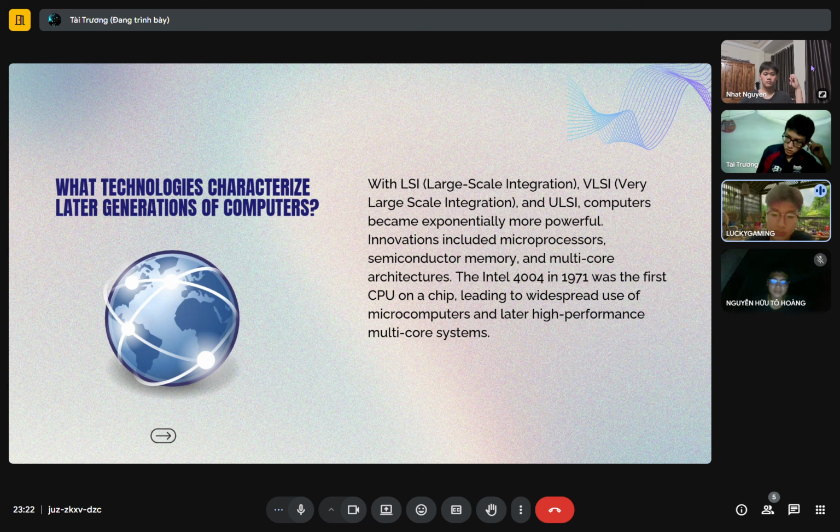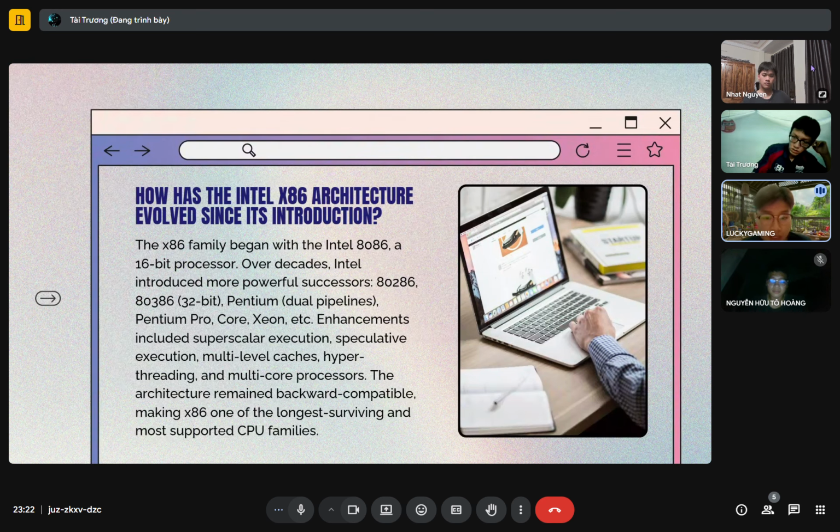And go to the last question I want to show the teachers: how has the Intel x86 computer evolved since its introduction? The x86 family began with the Intel 8086, a 16-bit processor.